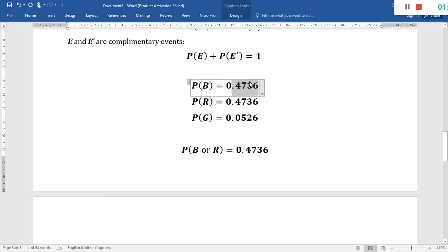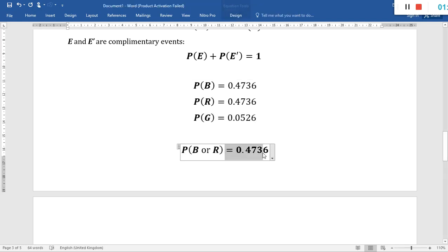Let me put all these ones out of bold. So what's the probability of getting a black or a red based on just looking at these three probabilities? How do we now get it?